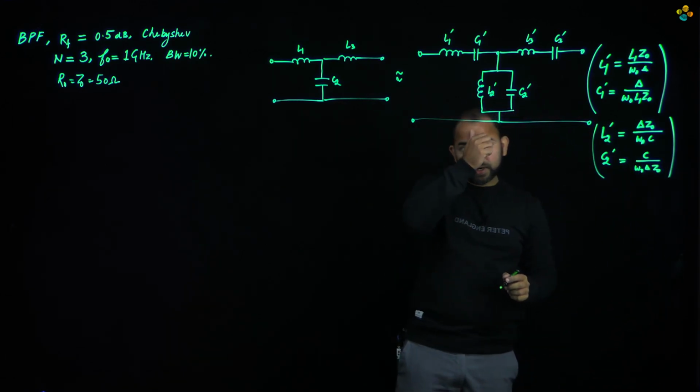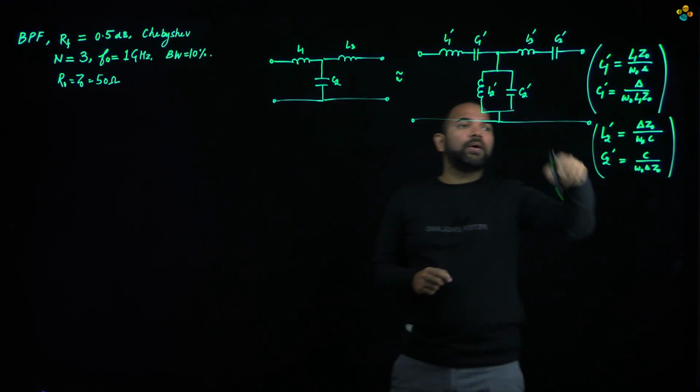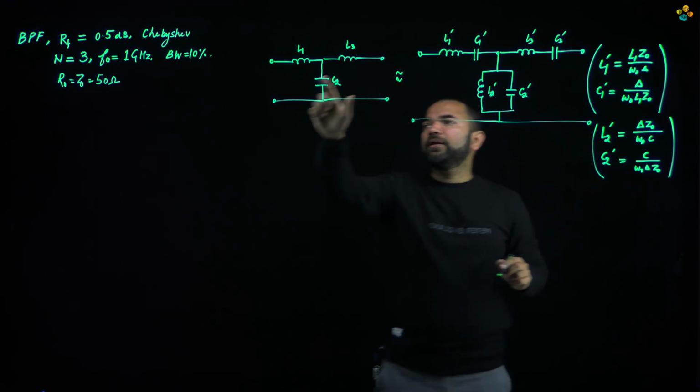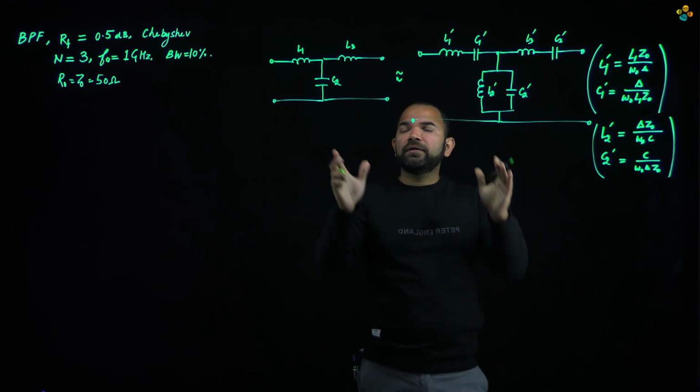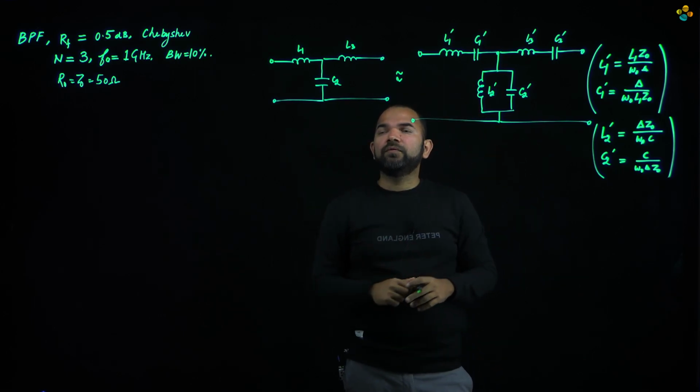Now we have the information about how we can calculate all these values for designing a band pass filter with the help of a low pass filter.